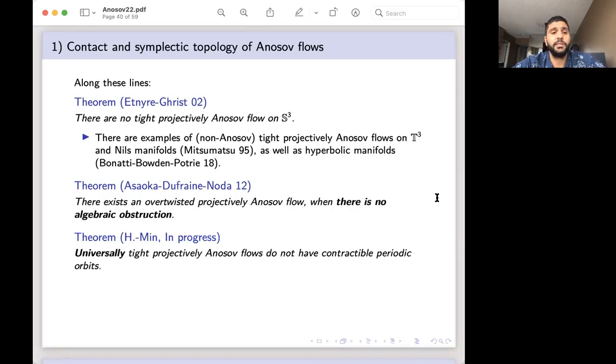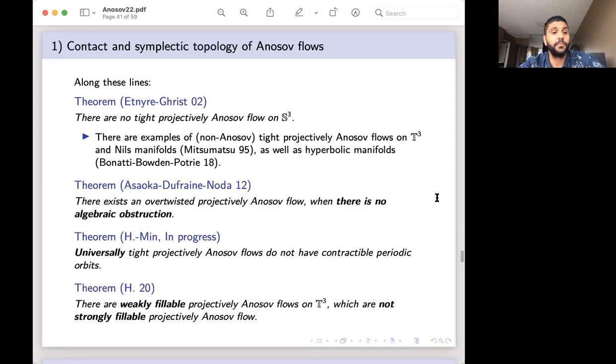Also along these lines, Hyunki Min and I can prove that when both contact structures are universally tight, which means that even the lifts of these contact structures to the universal cover are also tight, then the projectively Anosov flow does not have any contractible orbit, which generalizes the same condition for Anosov flows.